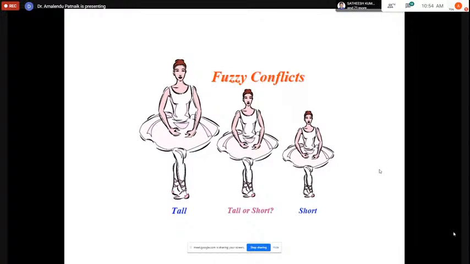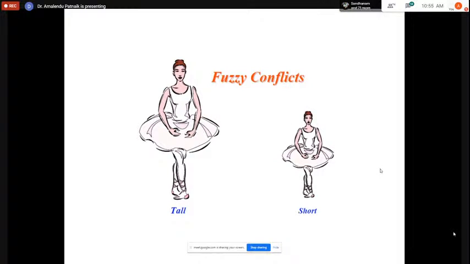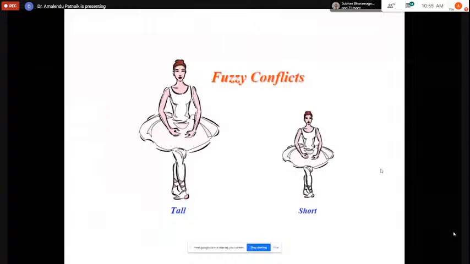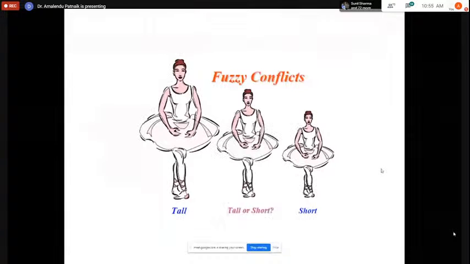As far as this example is concerned, you have a tall and a short, but unless you have a standard with you, you can't say whether it is tall or short. So you need to have some other similar thing with you to find out the height of the person. So like this one, one is tall and another is short.